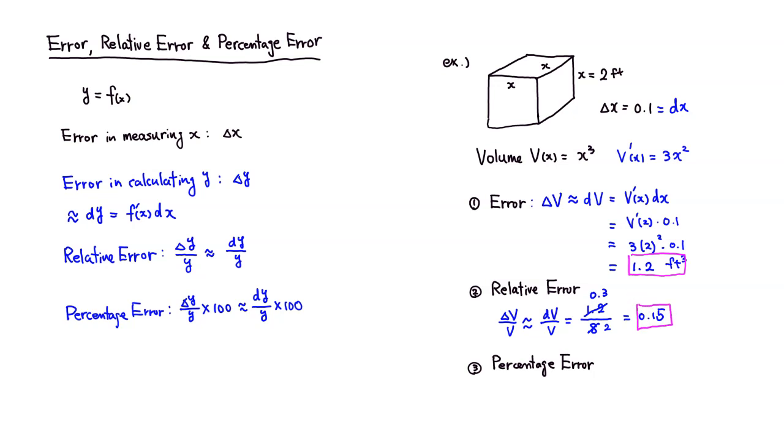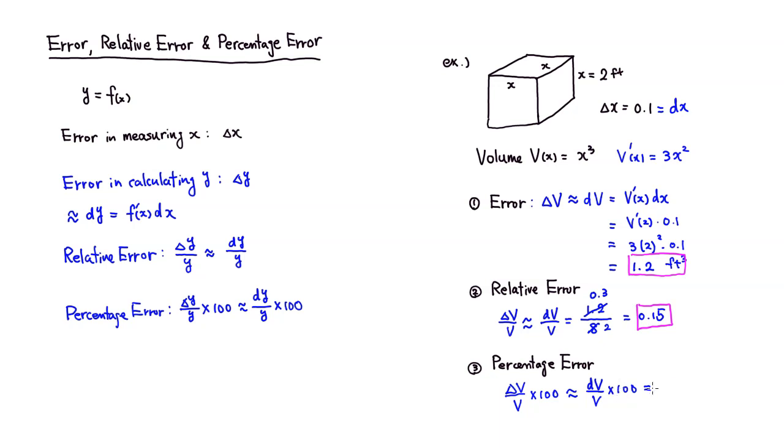And then if you want to find the percentage error, not much work is required. We're trying to find delta V over V times 100 so that it becomes a percentage, but we're approximating it by dV over V times 100.